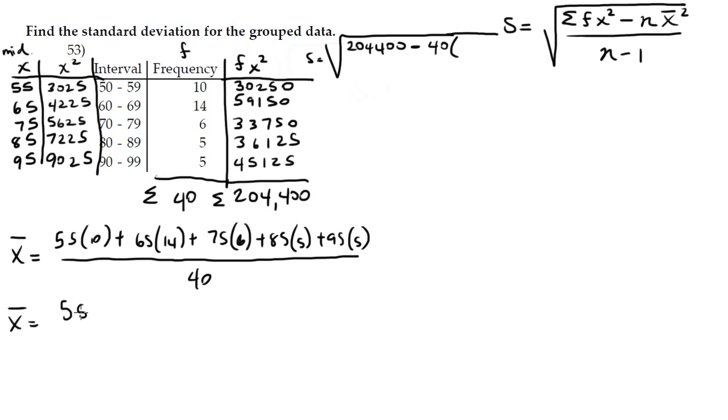So this is 550 for sure, plus 65 times 14, that's 910. 75 times 6, I don't know if that is 450. 5 times 5, 425.